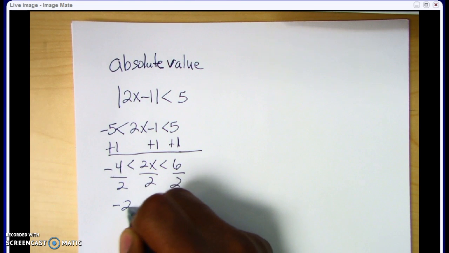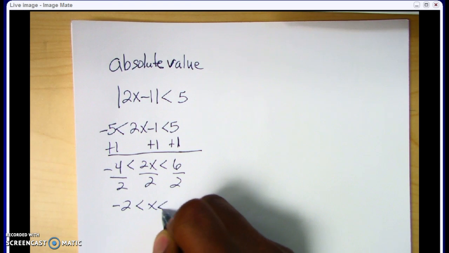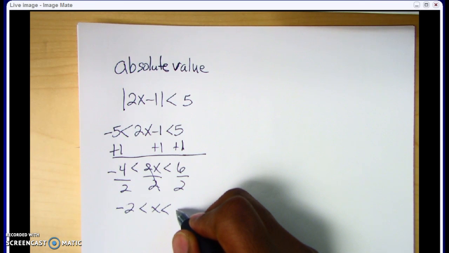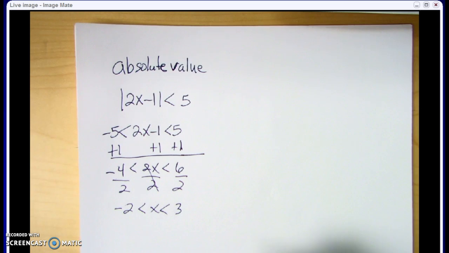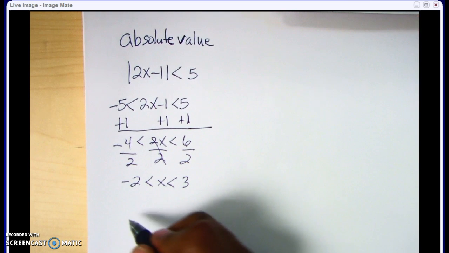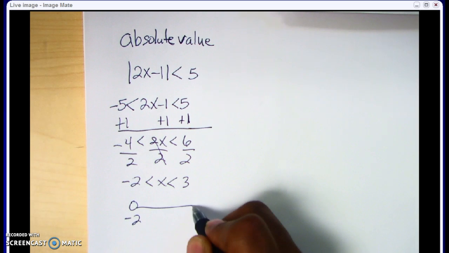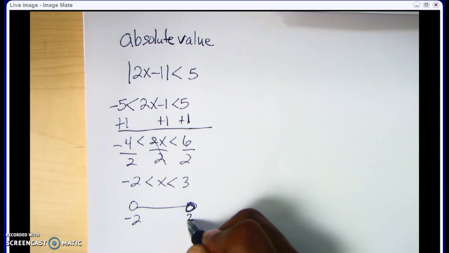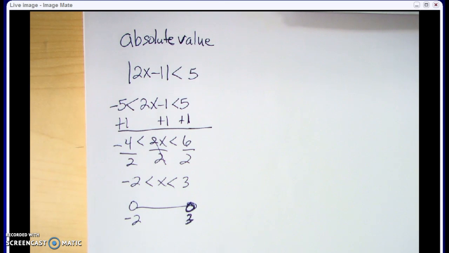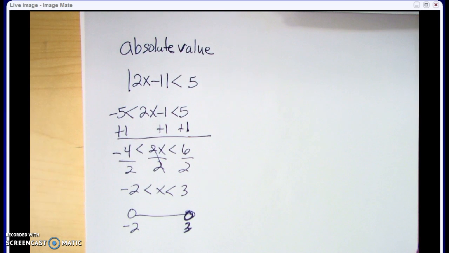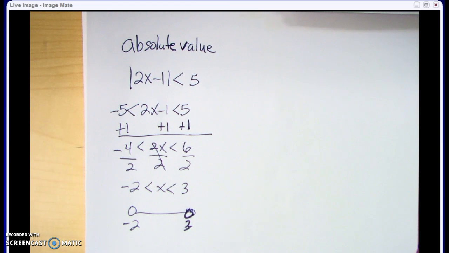So you end up having x greater than negative 2, but less than 3. All right, that's what you end up with. And if you had to graph it, that's going to go from negative 2 to 3, like so. All right, that's the less than version. And I'll pick up with the greater than version in the next clip.